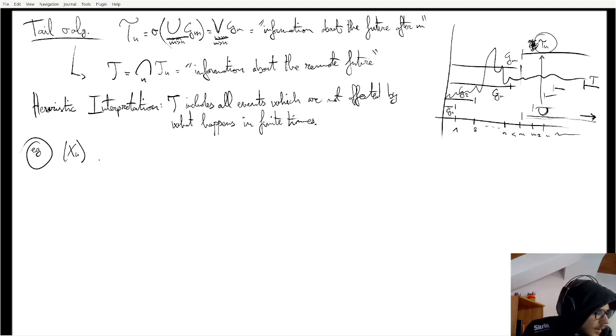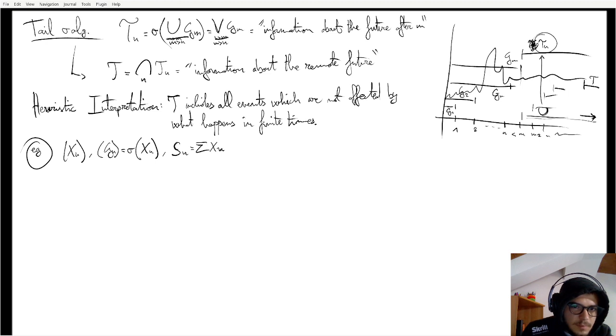And G_n, which is an increasing family of sigma algebras, which is the sigma algebra generated by the X_n, and consider S_n to be the sum of the X_i, for i from 1 to n.